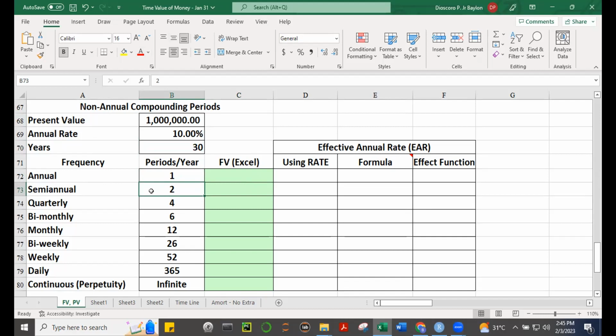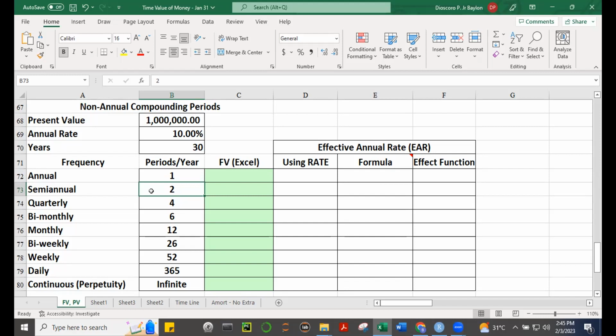Because by computing the future value, we would be able to determine which of these options is better. Is it better to have daily interest? Conceptually, of course, you'd think it's better to have the interest computed daily, because that means that if you have interest today that will be added onto our initial investment, then tomorrow the basis for the interest will be higher, because we have already added the interest.